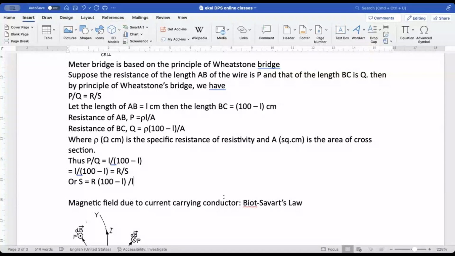This is how we use the Wheatstone bridge to find the unknown resistance in the meter bridge.